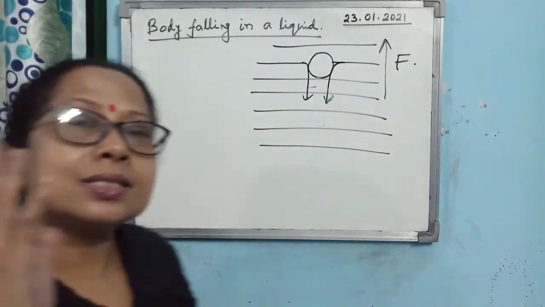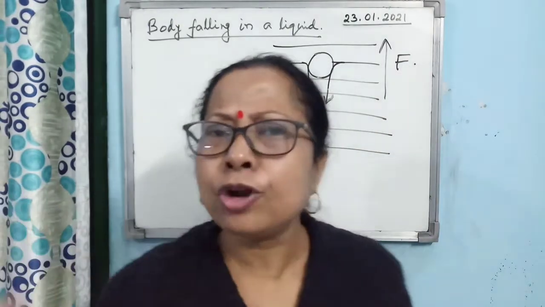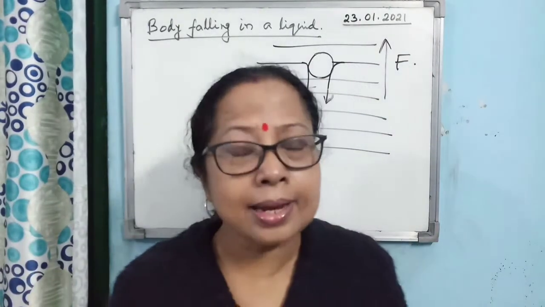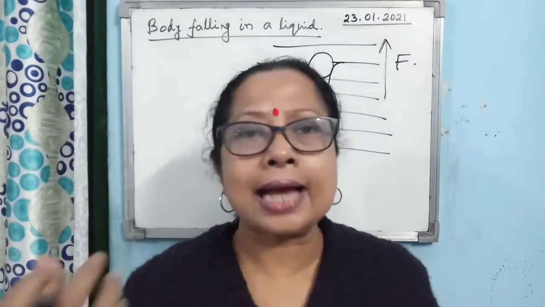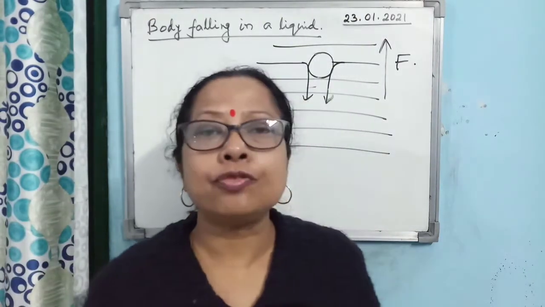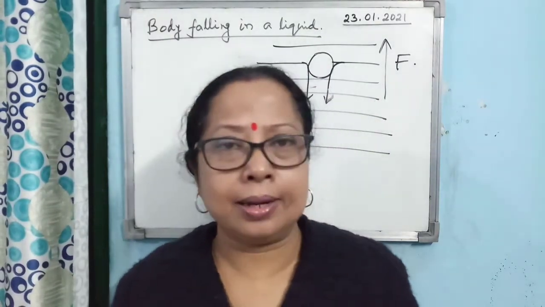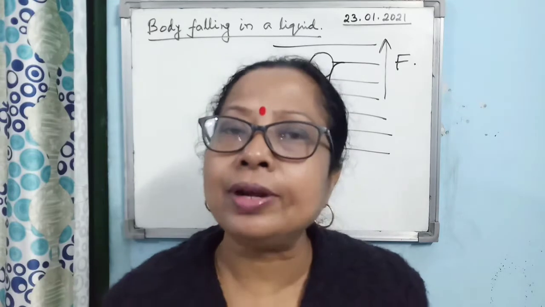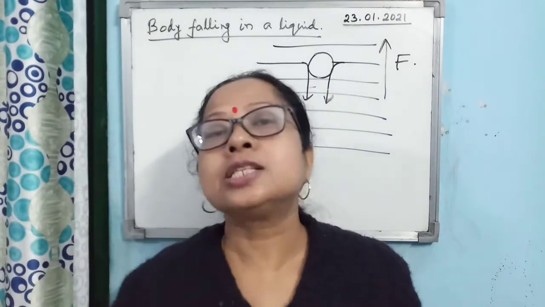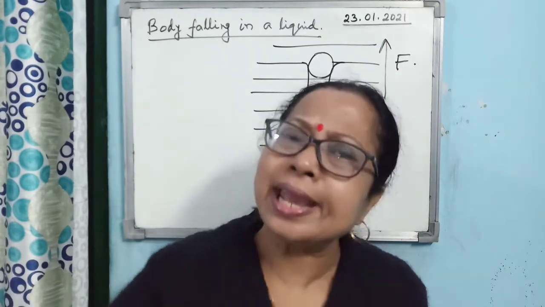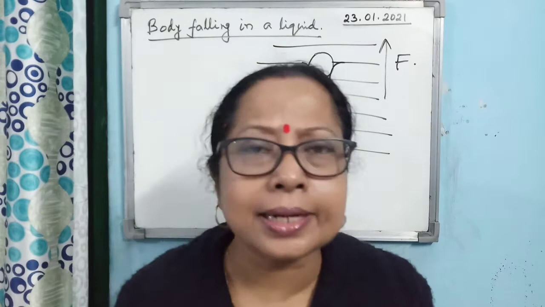Just try to understand, if you consider a raindrop falling down. Why is it falling down? It is falling under the action of gravity. Gravitational force is pulling it down. So what should happen? Under the action of gravity, the velocity of the raindrop should increase with time, means it should have an accelerated motion.